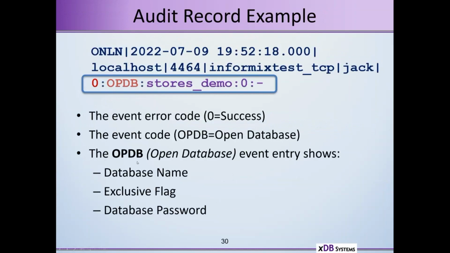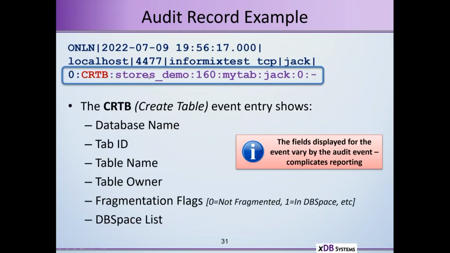Looking at that open database, the last item was whether the database was open in exclusive mode or not, followed by whether a password was used. Now, if we look at a corresponding entry, the create table, the elements at the top are the same. We've got our different event code, create table, but now we have these fields: the database name, a table ID, table name, the table owner, and a code representing whether the table is fragmented, followed by a list of DB spaces.